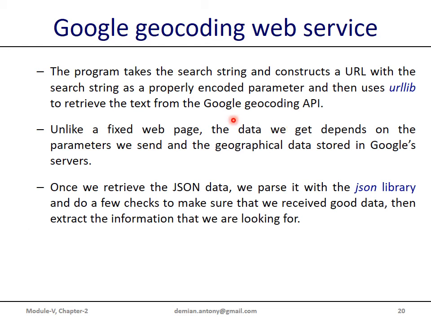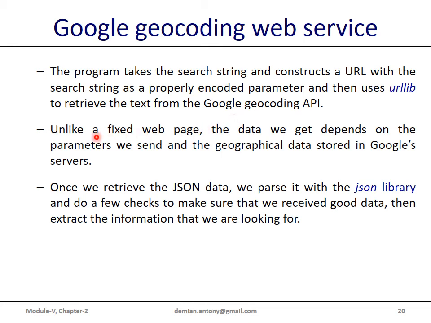Thus the program takes a search string, and we construct a URL with the search string properly encoded, and then we use a URL library, urllib, to retrieve the text from the API, that is the Google geocoding API.